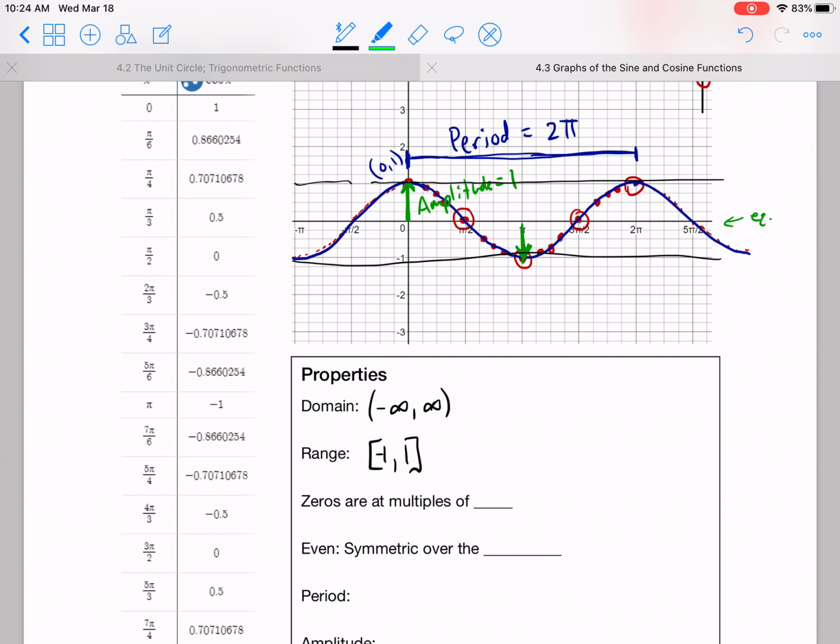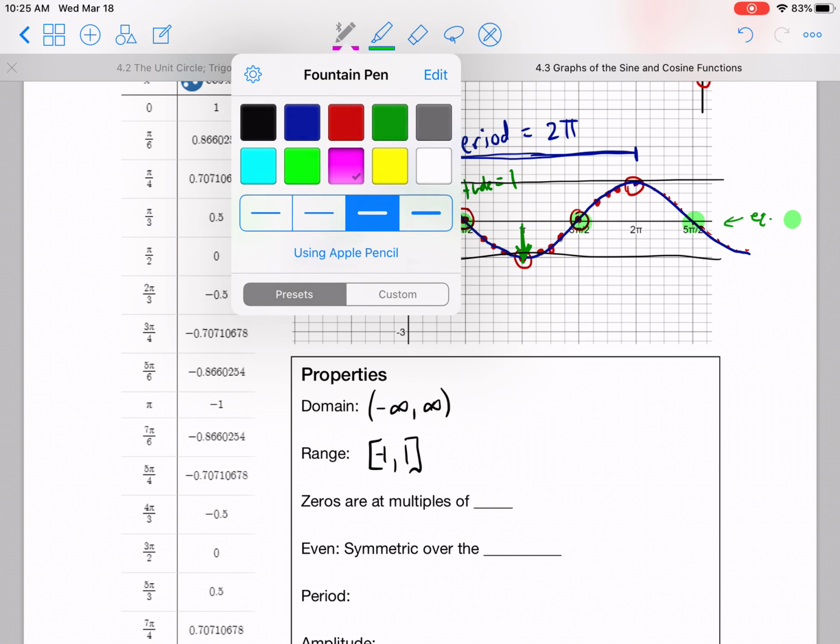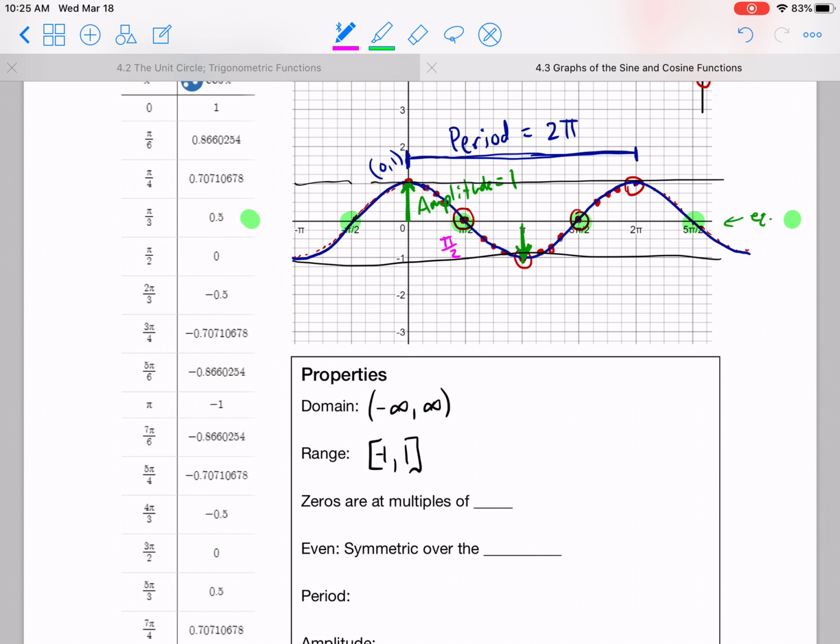The zeros are occurring here again. Notice they're occurring same kind of separation, right? And this one would be back here, and there's one here. But notice they're happening at the pi over 2's. This one is pi over 2. This one's 3 pi over 2. This one's 5 pi over 2.